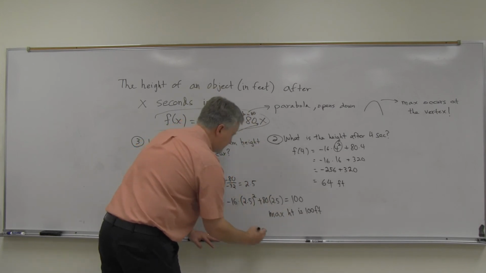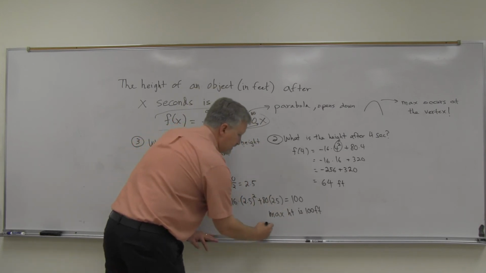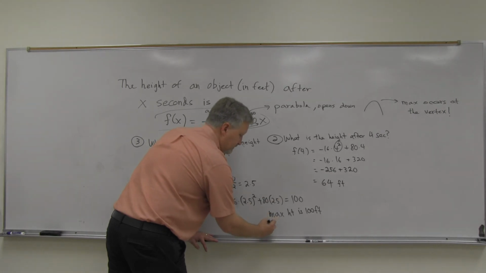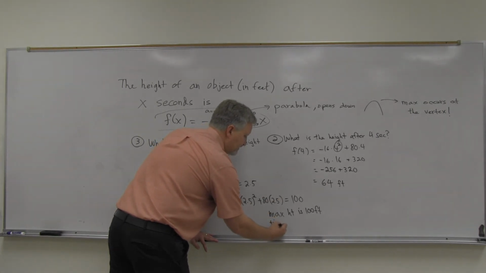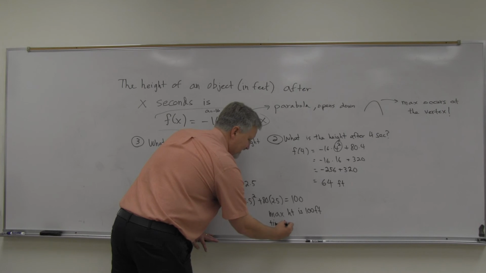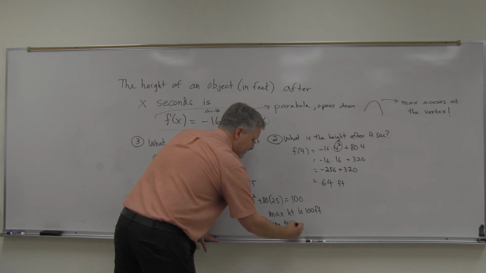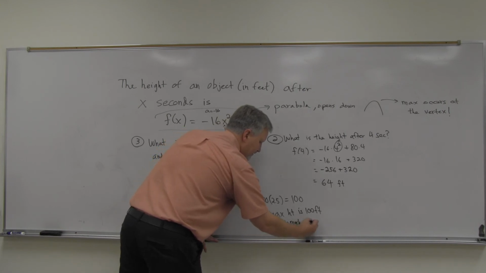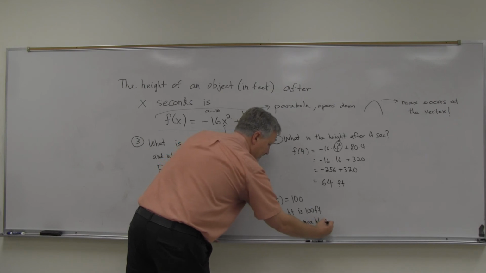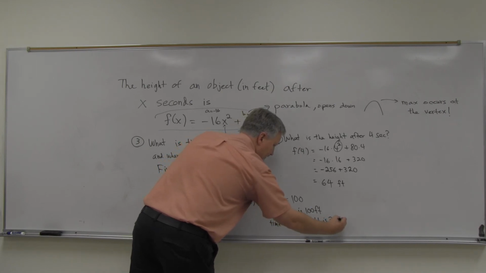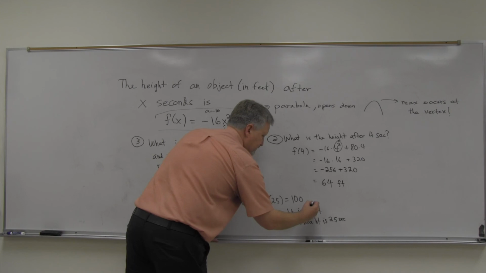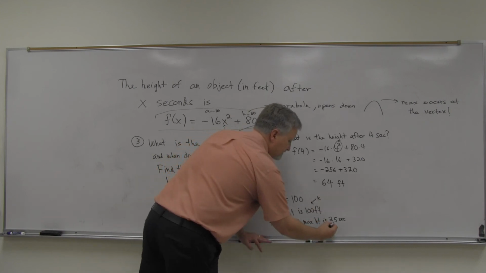The time it takes to reach that maximum height, 2.5 seconds, is the h. So the maximum height is the k. The time to reach that height, that's the h.